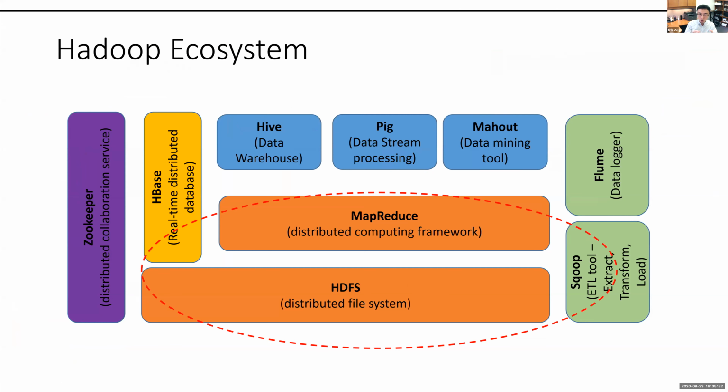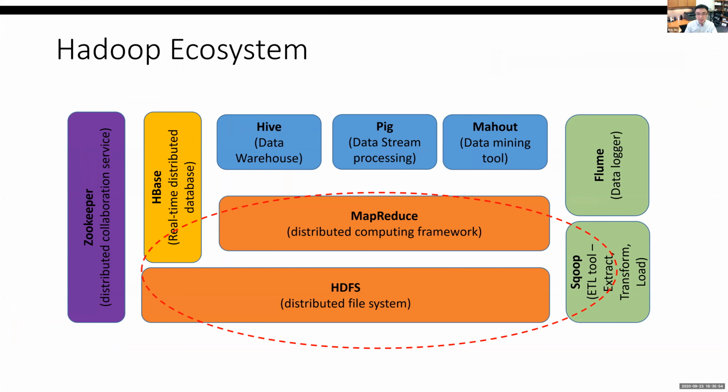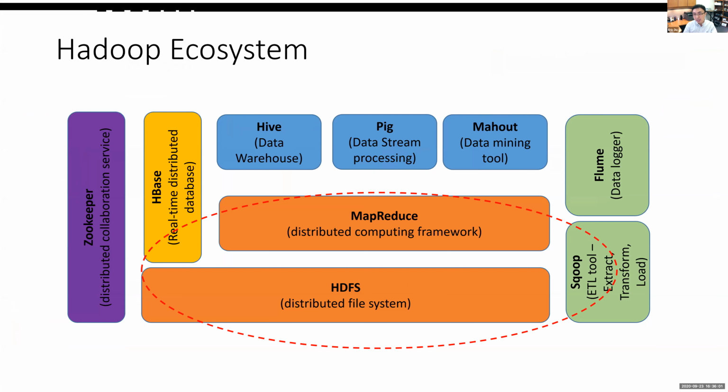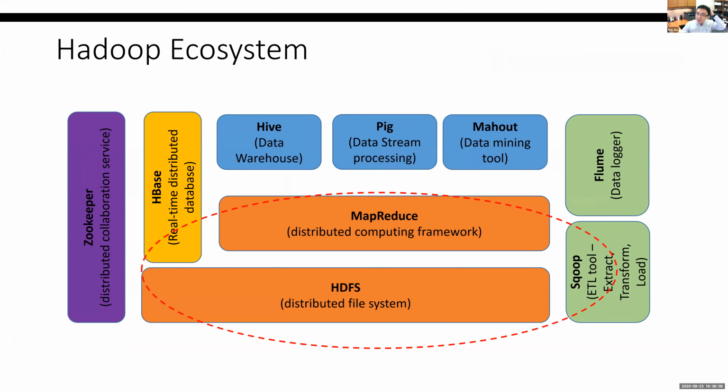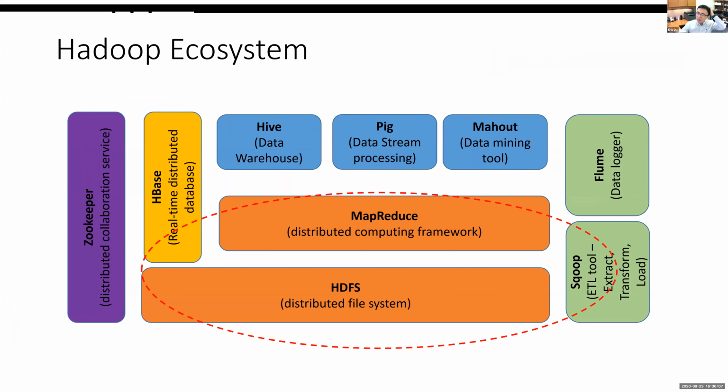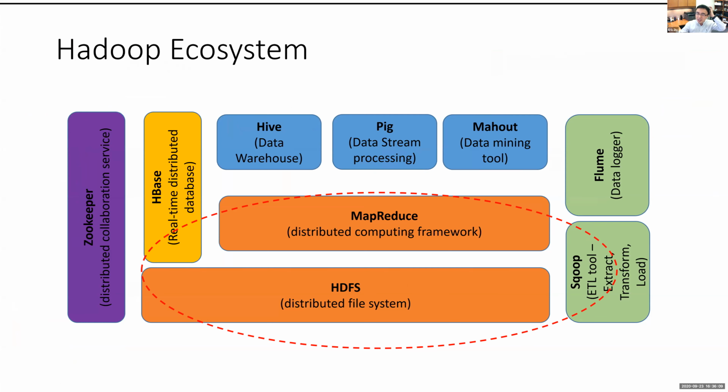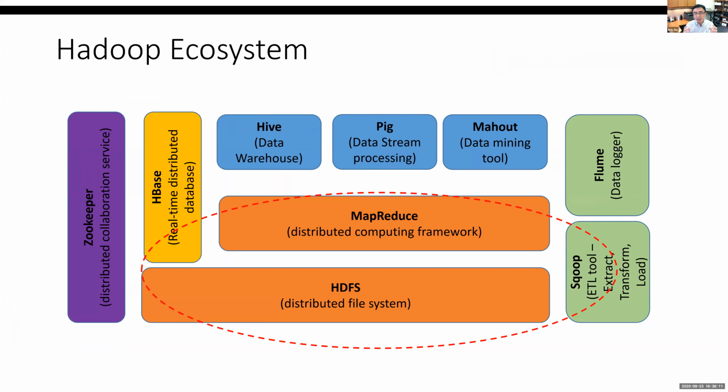So the core is MapReduce and the HDFS. You can imagine HDFS is a specialized hard disk. Like the hard disk in your desktop is managed by the FAT system, or what is the other one? Sorry, I forgot. There are two file systems today that are popular. One is called FAT system.